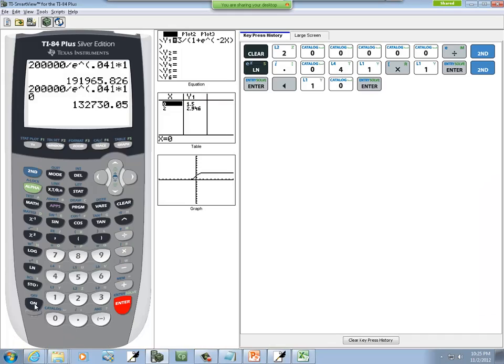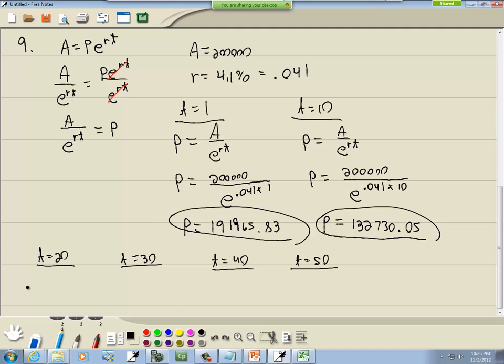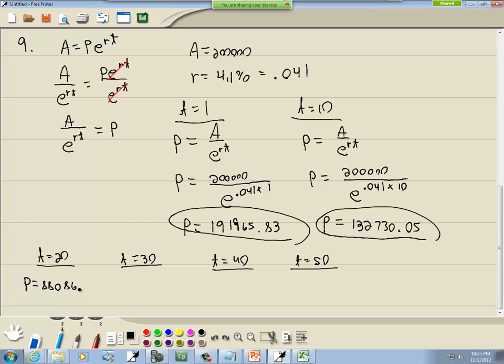Okay, so I'll come over here, I'll do second enter, bring up the previous entry, and I'll do my left arrow to go back and change that to 20. Enter. And then our P would equal 88,086.33.